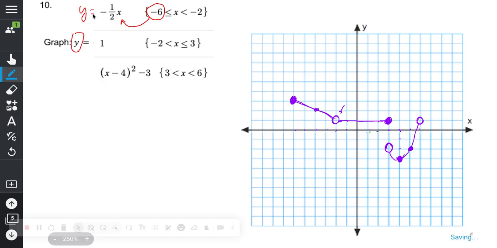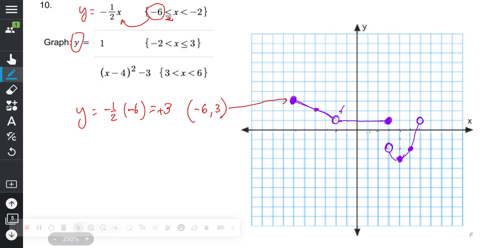If y is -1/2 times -6, we're talking half of 6 is 3, negative is positive 3. And so you're going to be saying, hey, there should be a point -6, 3. And if x is allowed to be -6, then there should be a closed circle there. So guess what that point is? That's right there.